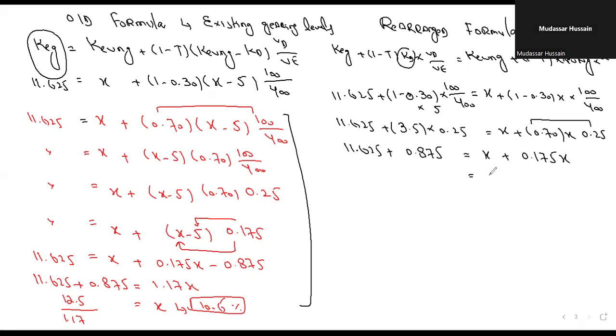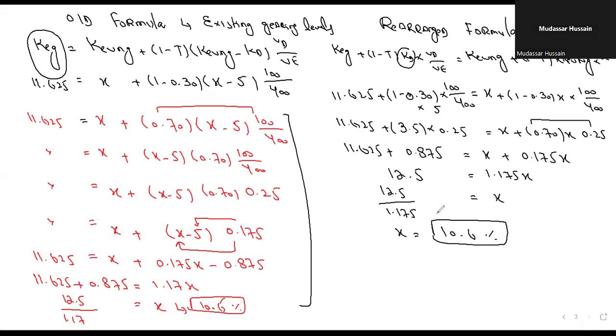So 1.175x is equal to 12.5. So if we have to find x, 12.5 divided by 1.175, and again we will get the same answer.